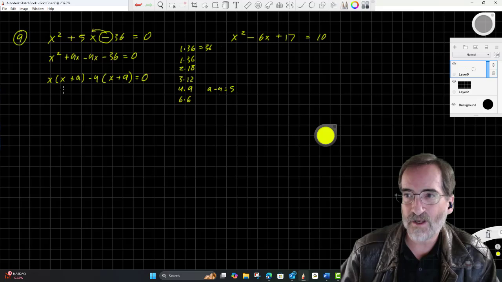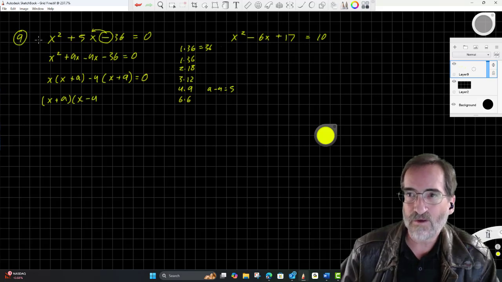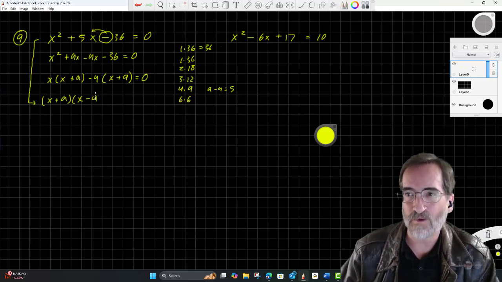Note that there is an x plus 9 in both, so I'm going to factor out an x plus 9, leaving x plus 9 times x minus 4. By evaluating, by thinking about it, you can actually come up with the factors just like this in a single step.